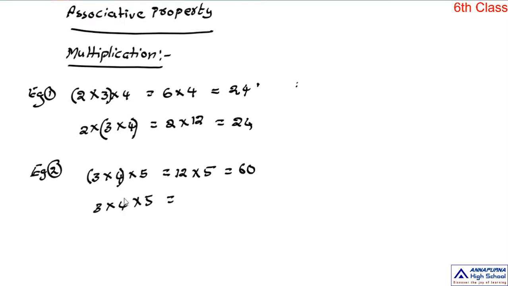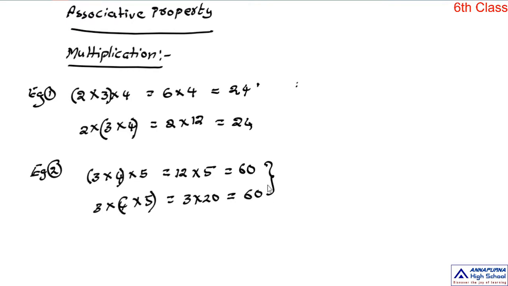Next we multiply first 4 and 5. 4 5s are 20. Next we multiply 3 into 20, their product, to 3. 3 20s are 60.